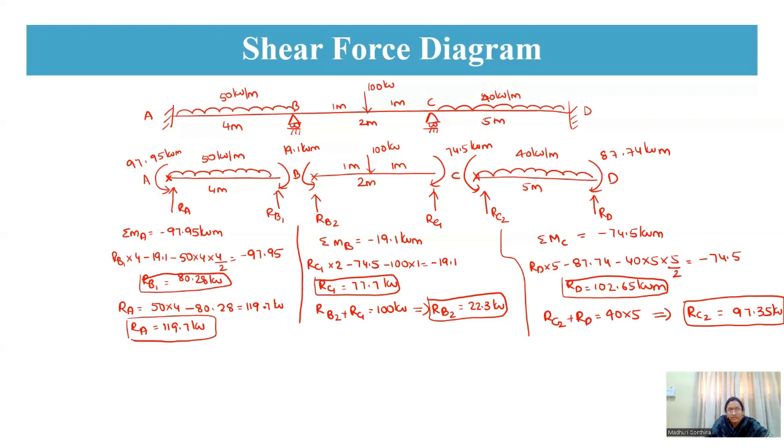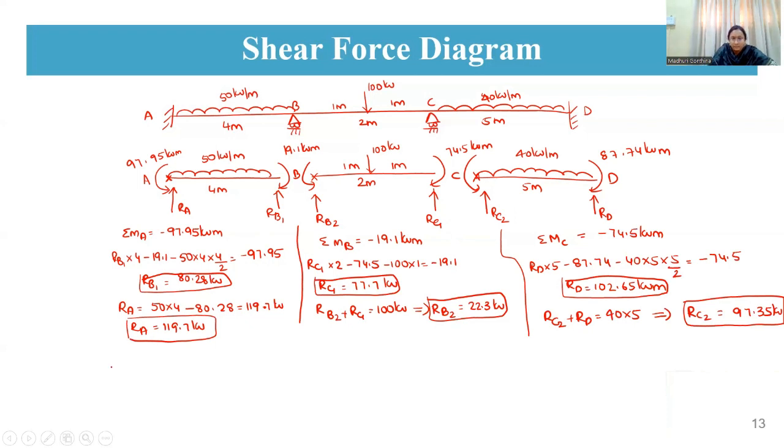So after getting all these values, as they are all positive, the reactions are upward only. Now to draw the shear force diagram, as it is a UDL, RA is 119, RB1 is 80.28.